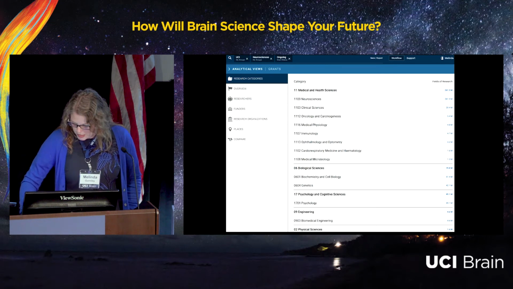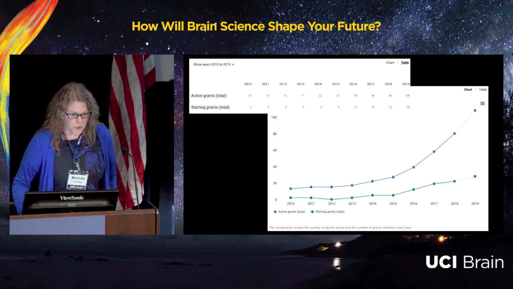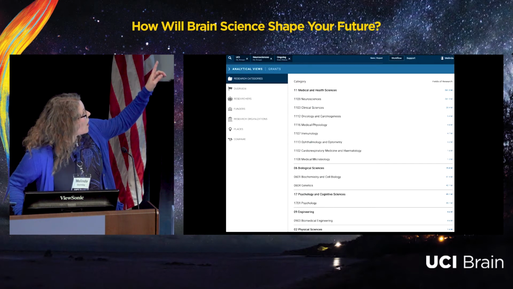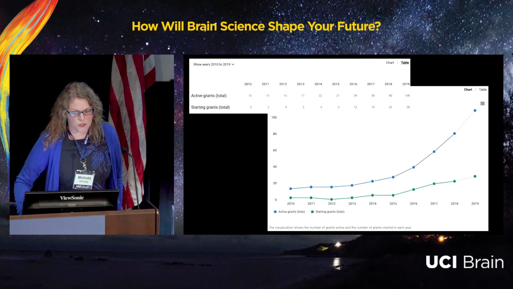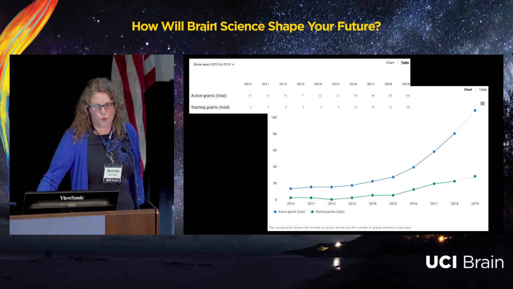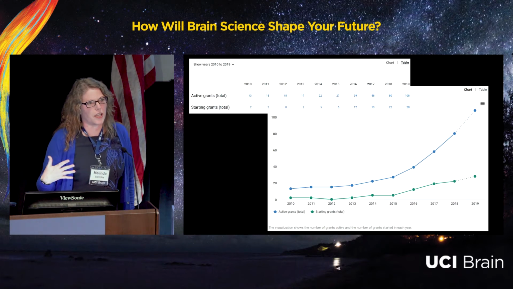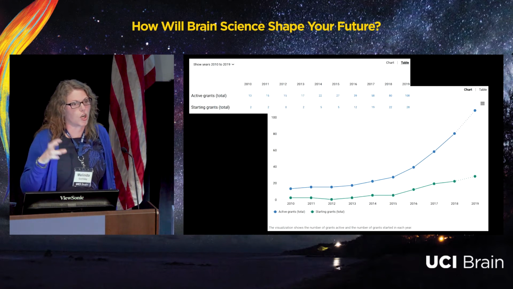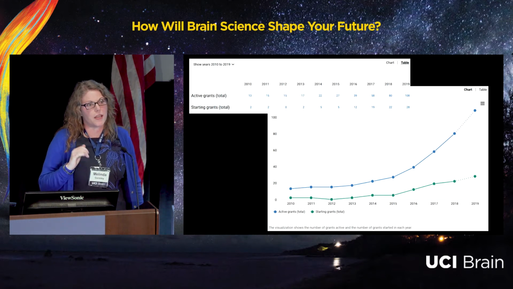So one of the other analytical views here, what I did was to go into where it says overview. And these are two different shots, one of the chart and one of the table. Because I'm looking at ongoing grants, this is showing me all grants that are current today, shows me when they started.